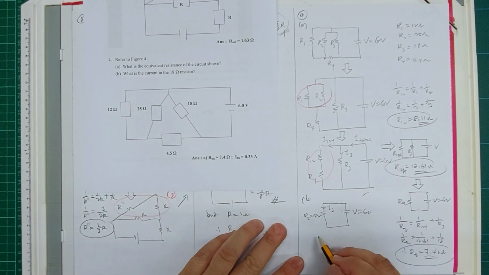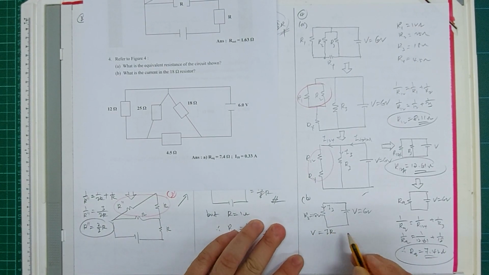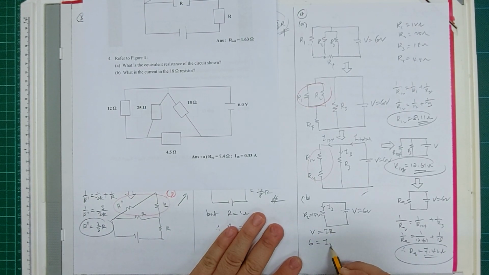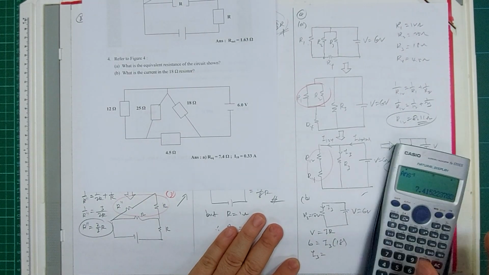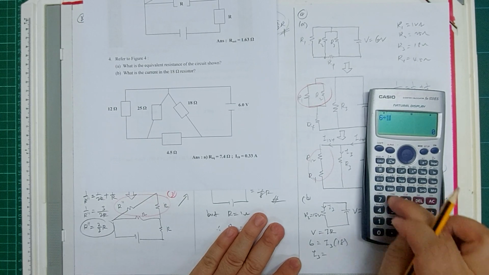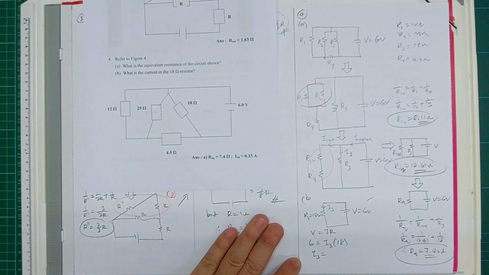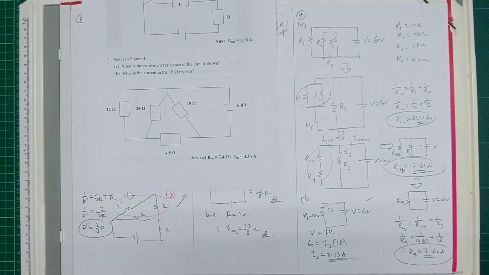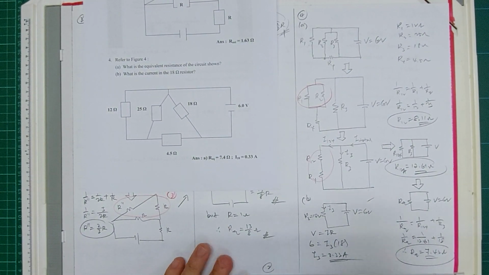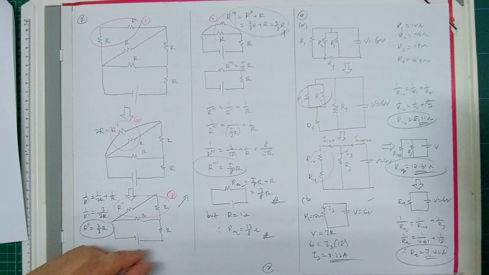Okay, so Ohm's law, V equal to IR, 6 volt. Current is I3, R is 18, so your I3 is equivalent to 6 divided by 18, so answer is 0.33 ampere. Okay, 0.33 ampere. Okay, so that's our tutorial 4. That's it. See you next time.